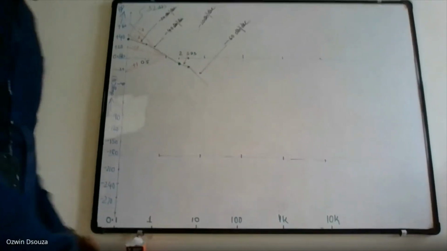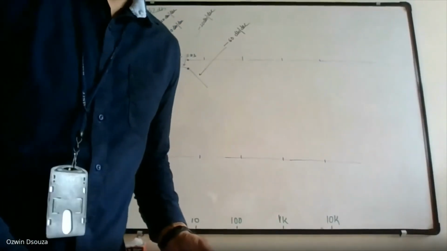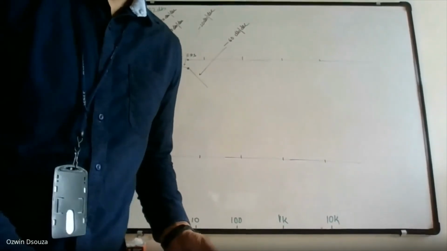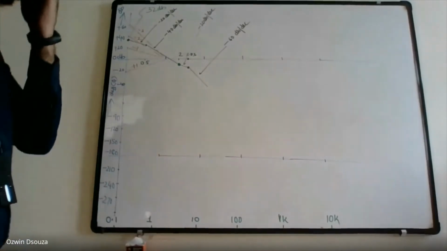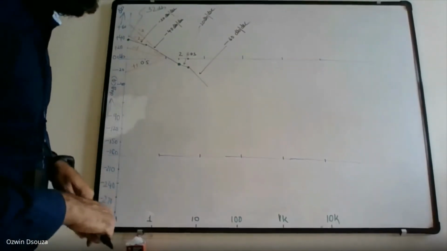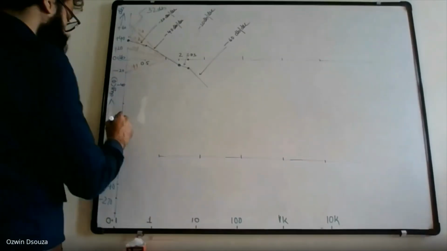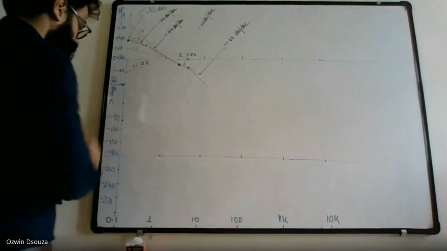So once the magnitude plot is done, you can go ahead with the phase plot. So phase plot at 0.1 radian per second, we have close to 99 degrees. So 99 is somewhere here, right?